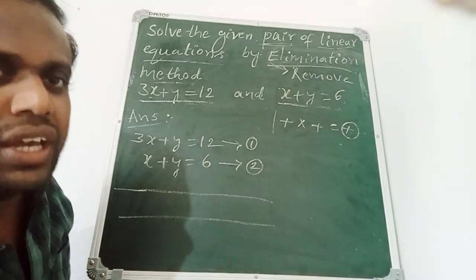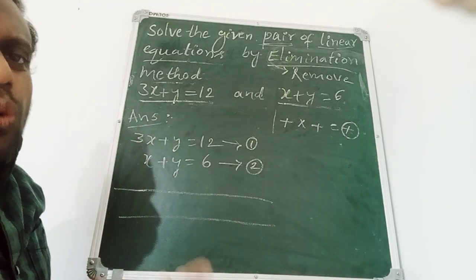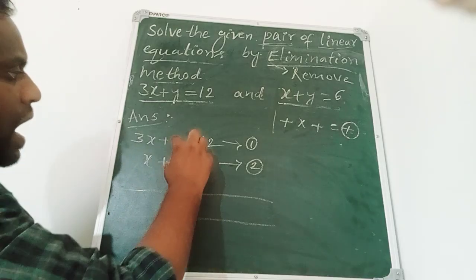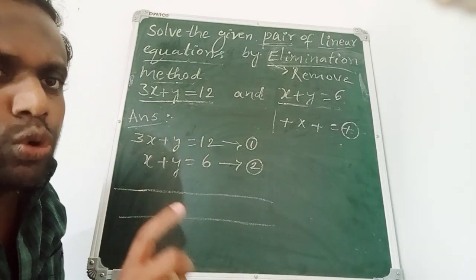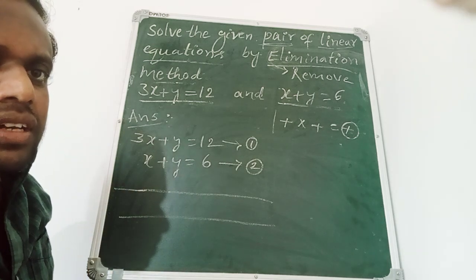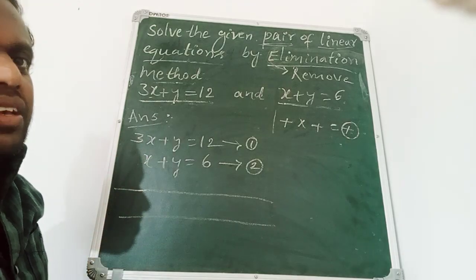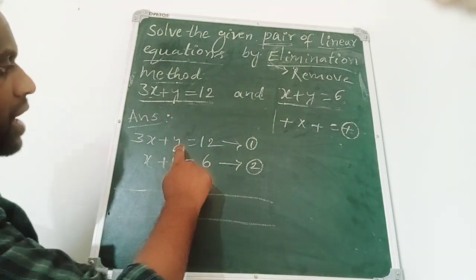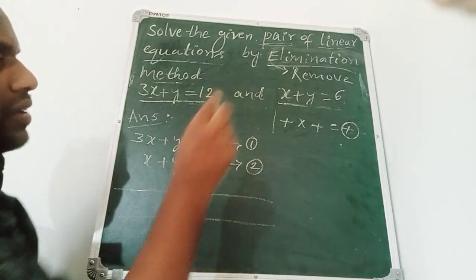But we don't want y, we have to eliminate it, we have to cancel it. If you add, you will get 2y, but you don't want y at all. So what is the next way to eliminate? Subtraction. By subtracting this from this, we can eliminate y.